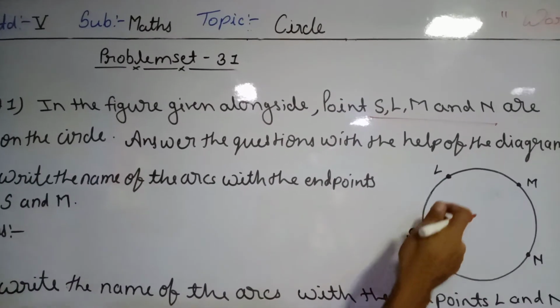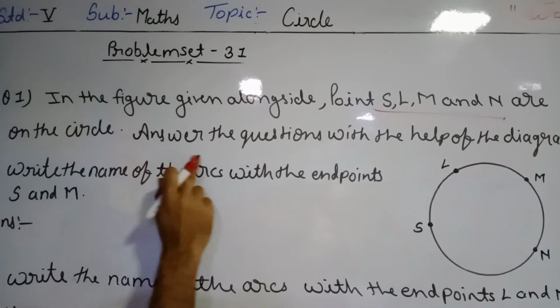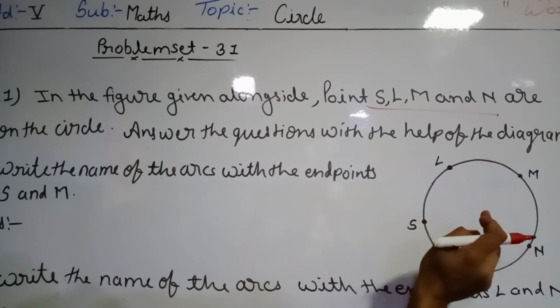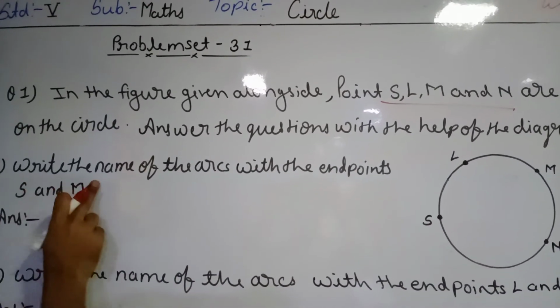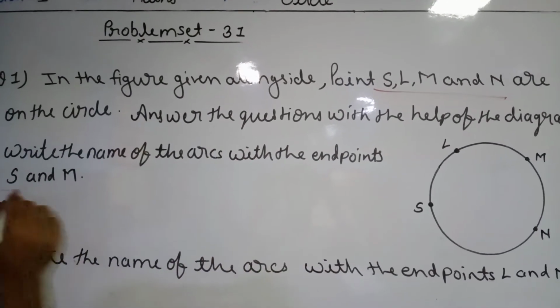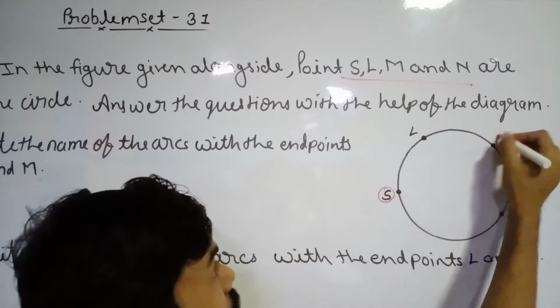You can see here we have S, L, M and N on the circle. Answer the questions with the help of the diagram. With the help of this diagram, we have to answer these two questions. Write the name of the arcs with the endpoints S and M. Now we are talking about this and this.